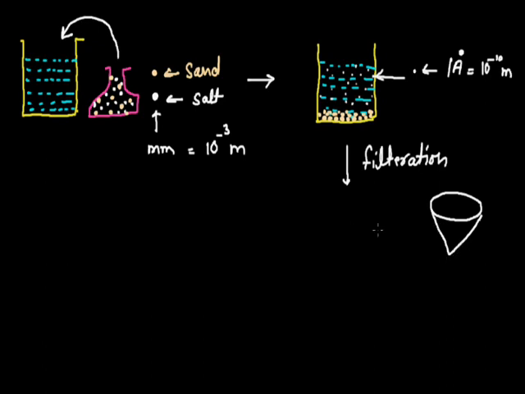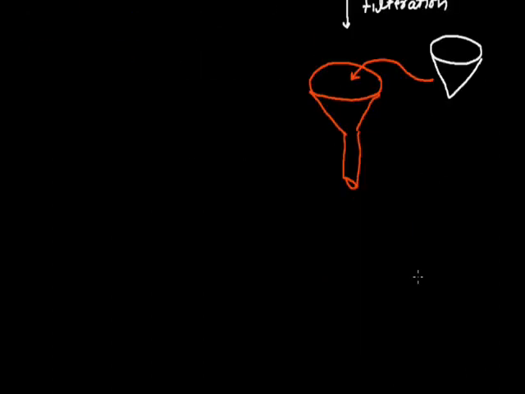So now we use a cone. Suppose this is a funnel, and we put this filter paper on the funnel. After putting the filter paper on the funnel, the structure will be like this. This is a funnel, and now we add the filter paper into this funnel.